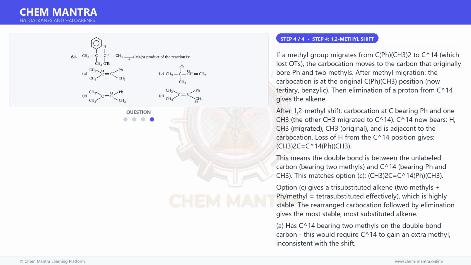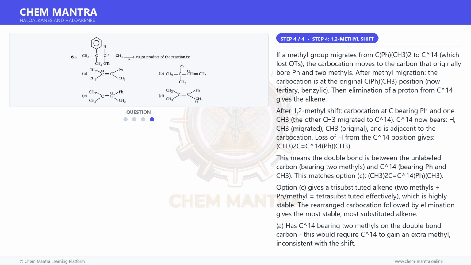Loss of H from the C14 position gives (CH3)2C=C14(Ph)CH3. This means the double bond is between the unlabeled carbon bearing 2 methyls, and C14 bearing Ph and CH3. This matches option C, (CH3)2C=C14(Ph)CH3.